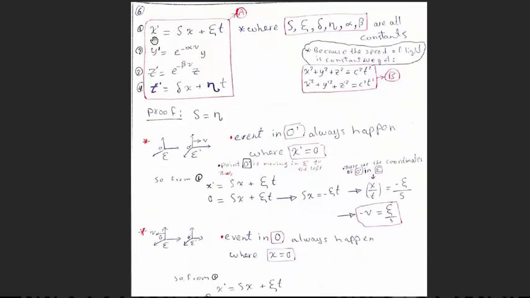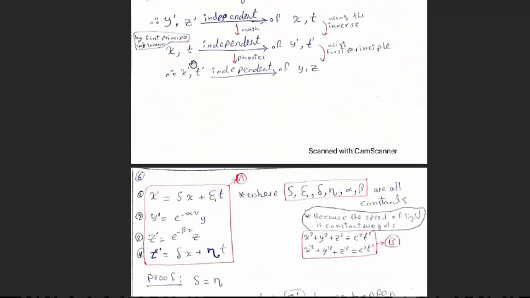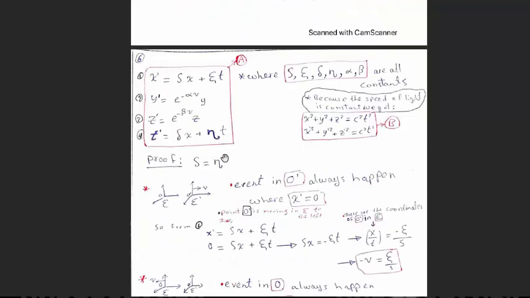Now we got x dash equal s x plus epsilon t, and y dash, z dash from this equation, and t dash equal delta x plus eta t, where all of these are constants, even alpha and beta are constant.